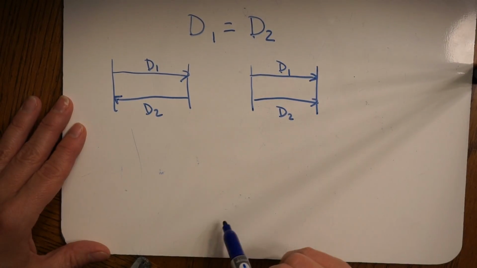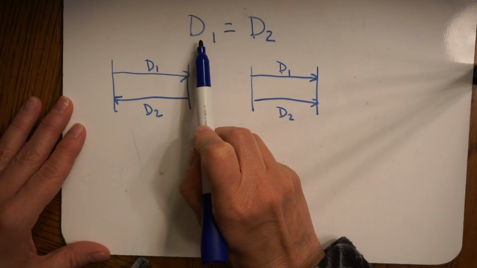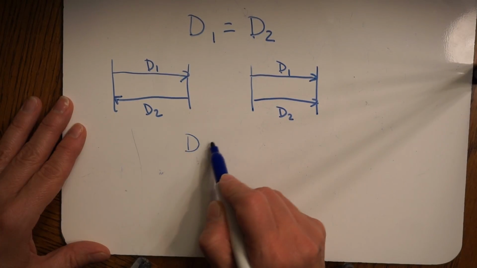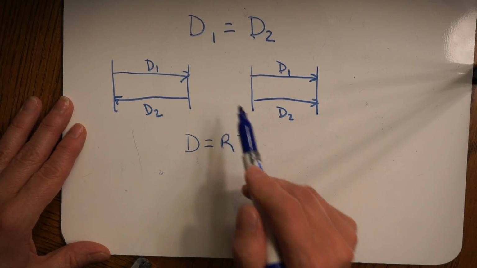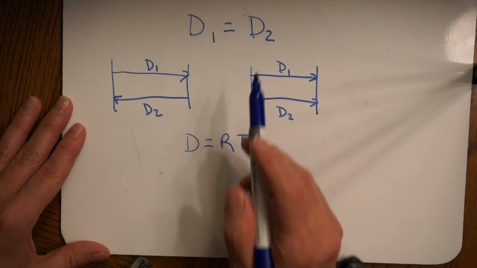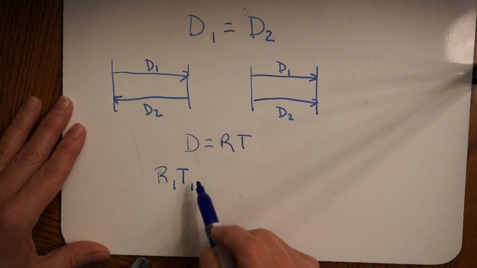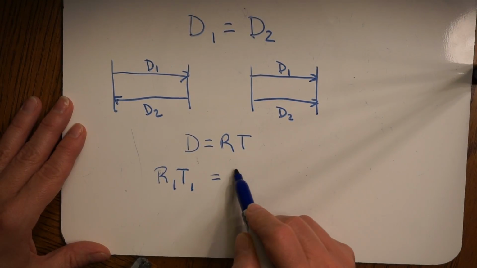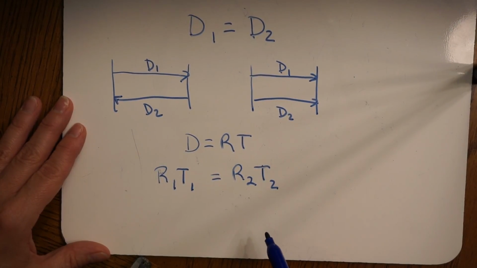And then the key thing that we're going to do is we're going to change distance, because if you remember, distance is equal to rate times time. So instead of writing d1, we're going to do rate 1 times time 1, so rate times time, which is the same thing as distance 1, is equal to rate 2 times time 2.